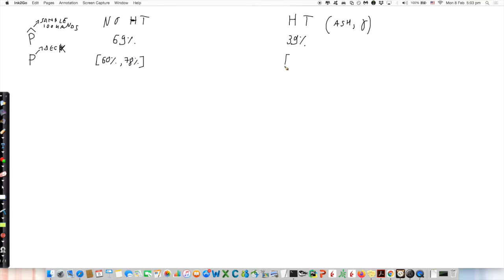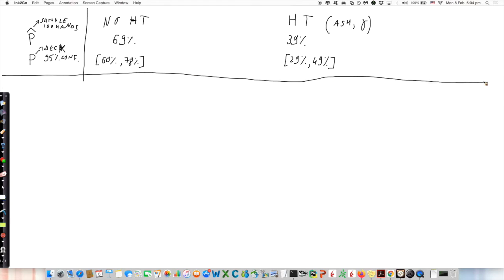And for hand trap, it was between 29 and 49%. And this was 95% confidence. If you don't remember this, you just look at the previous video, okay? So this is what we have so far. After 4 lessons, this is the information we got.